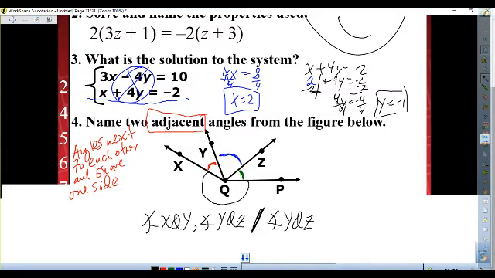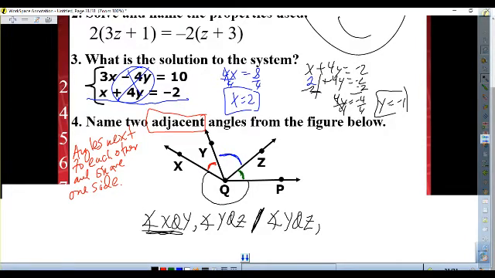So with that said, if I gave you the angle YQZ, give me another angle adjacent to that one. Not the one I have here. Give me another one adjacent to that one and share it with your neighbor, please. Don't think out loud. CQP. Jeez, guys.